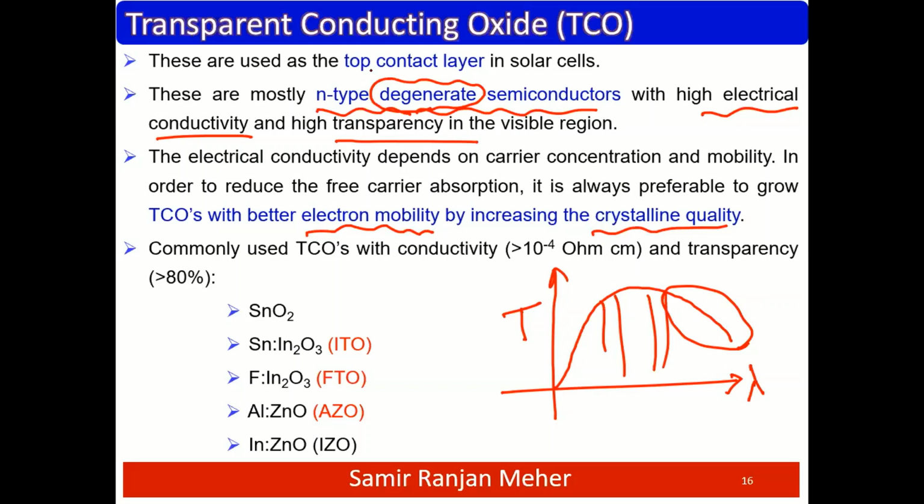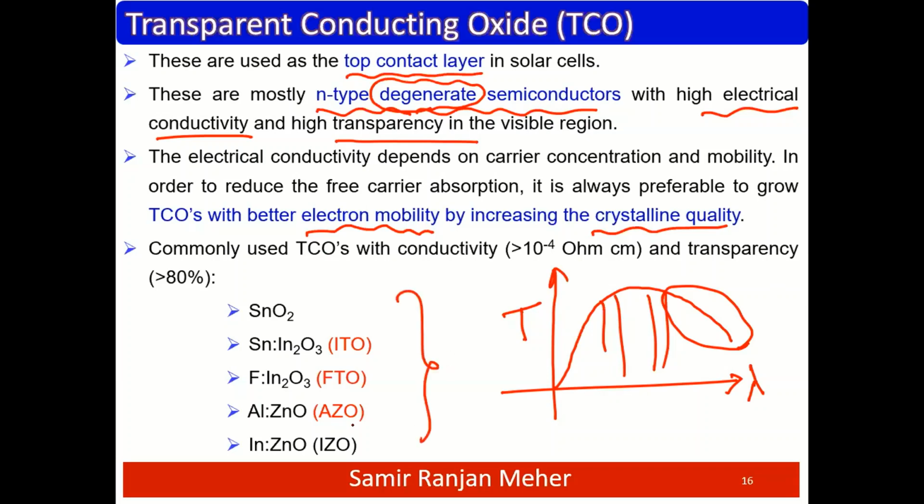Remember, this is the top contact layer, so light has to pass through it. It should not be absorbed by the particular layer. So to avoid that, we should have a TCO which is having high electron mobility, which is really a challenging task. The commonly used TCOs, the typical conductivity is around 10 to the power minus 4 ohm centimeter, and the transparency is usually more than 80%.